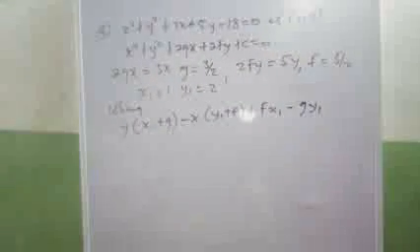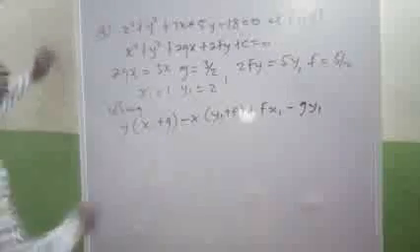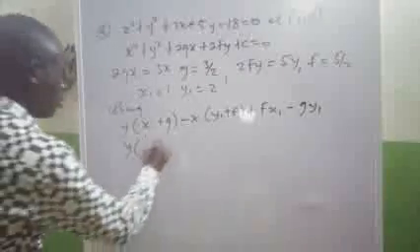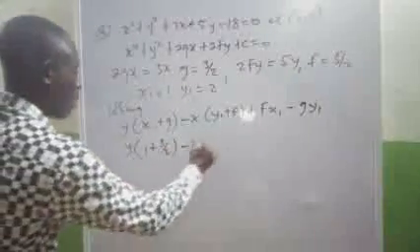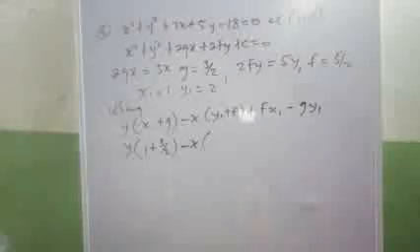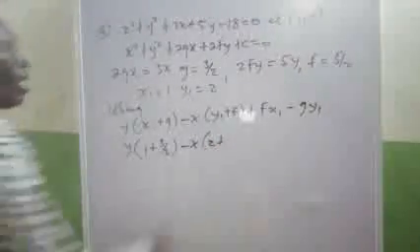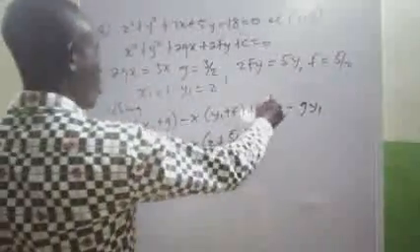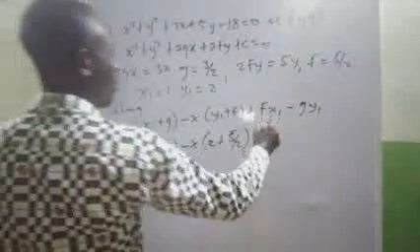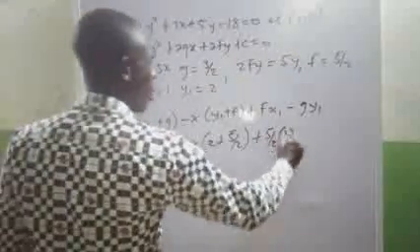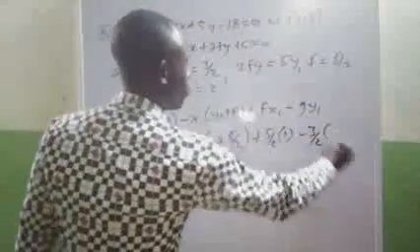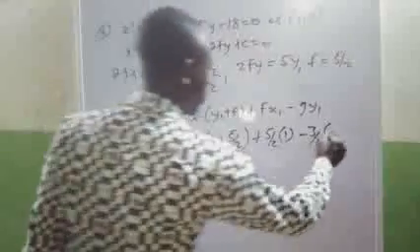So if we substitute everything here, we have y into bracket x1 is 1 plus our g is 3 over 2 minus x into bracket y1 is 2 plus f is 5 over 2 plus f x1, f is 5 over 2 into bracket x1 is 1 minus g is 3 over 2 and y1 is what? Is 2.